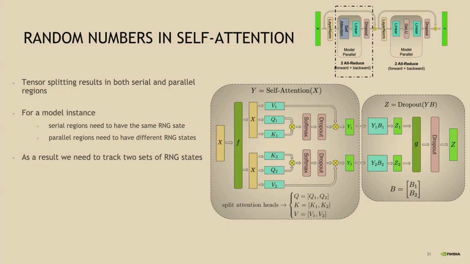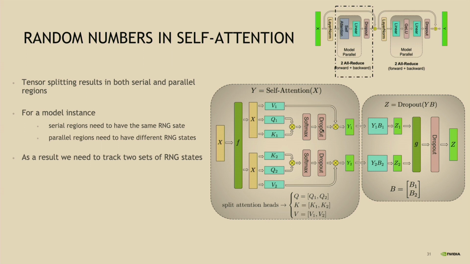The other thing that we needed to pay careful attention to is random numbers. Random numbers are essential and critical in deep learning because of initialization, dropout, sampling and other things. And reproducibility is also important. But tensor parallelism introduces a challenge for random numbers. Let's look at this block, which is the self-attention plus the dropout. If we zoom in on the details, we see that we have two forms of dropout.